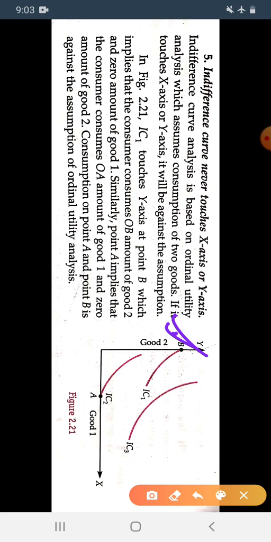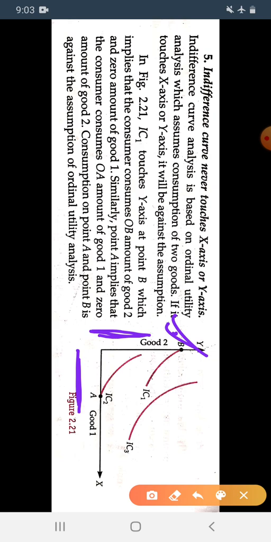Similarly, point A implies that the consumer consumes OA amount of good 1 and 0 amount of good 2. Consumption at point A and point B is against the assumption of ordinal utility, because here we are ranking the preferences.